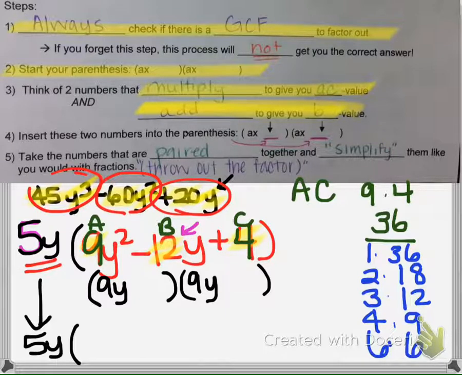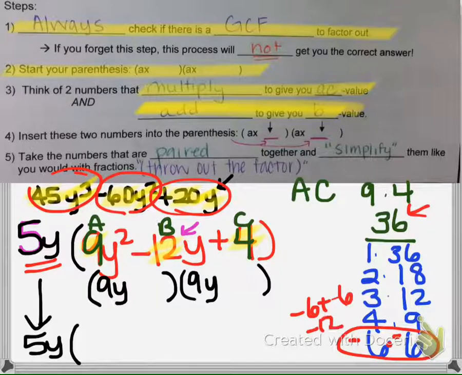And they have to multiply to a positive, so I know they have to have the same signs. If I had negative 6 times negative 6, it would be positive 36, and negative 6 plus negative 6 is negative 12. So those are the numbers we're going to pick and put in our parentheses.